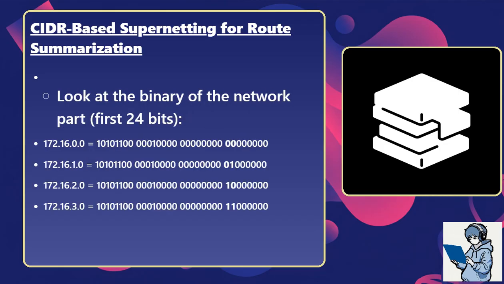Look at the binary of the network part, first 24 bits. 172.16.0.0 equals 10101100 00010000 00000000. 172.16.1.0 equals 10101100 00010000 00000001. 172.16.2.0 equals 10101100 00010000 00000010. 172.16.3.0 equals 10101100 00010000 00000011.